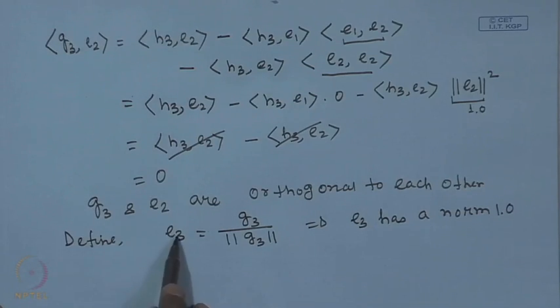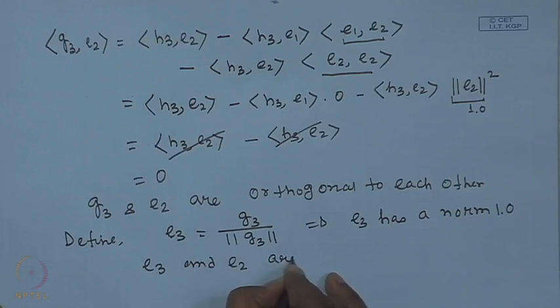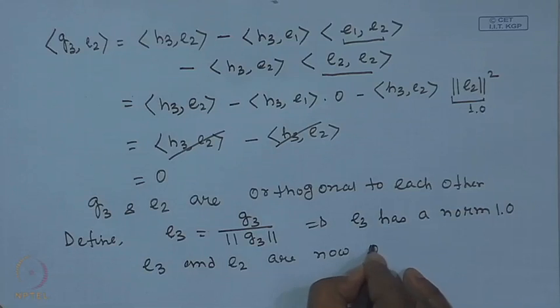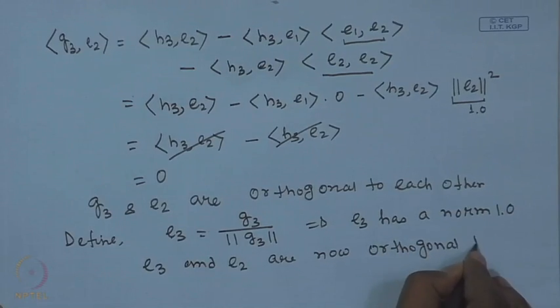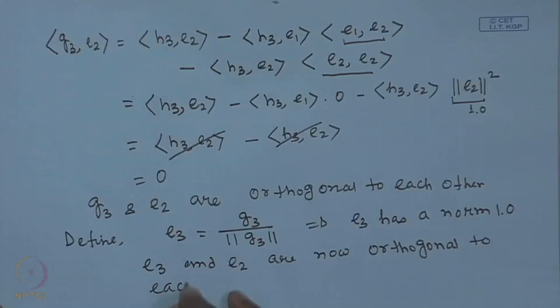Now, therefore, E3 is directly derived from G3, E3 and E2 will be mutually orthogonal to each other. So, E3 and E2 are now orthogonal to each other. We have already proved that E1 and E2 are orthogonal, E2 and E3 are orthogonal, therefore, E3 and E1 have to be orthogonal.